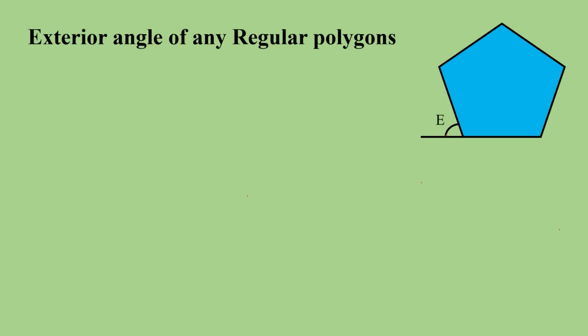So here we denote the exterior angle as E. Okay. So the exterior angle of a regular polygon we will calculate using this equation, which is 180 minus I. I is the interior angle of the polygon. Suppose this angle is 180 degrees. If we subtract I from 180, then we will get the exterior angle, that is the E value.